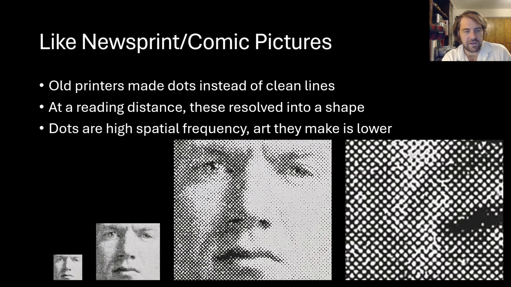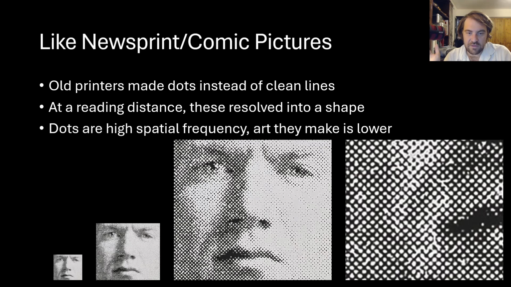Moving towards the right, it's a face that's maybe got a little bit of modeling to it. As you move further to the right, you can kind of see that it's made up of dots, and all the way on the right, right under my head here, it's just dots. I've zoomed in on this guy's mouth. I've zoomed in so far that you really can't tell that there's any structure of a face there at all.